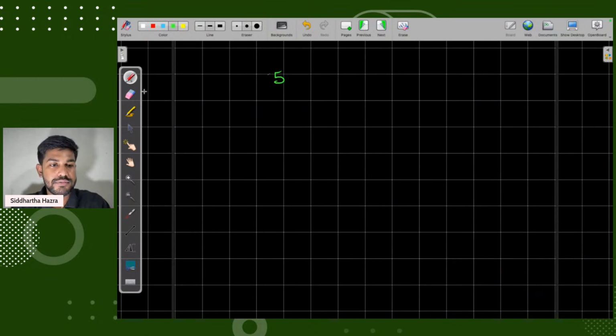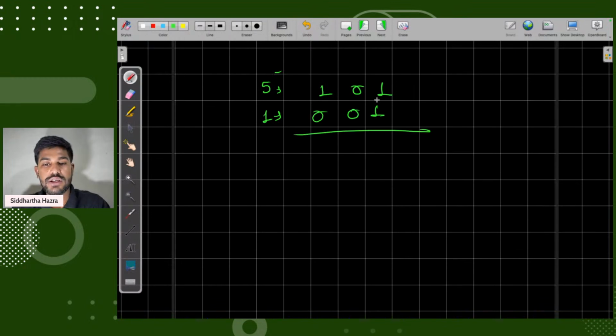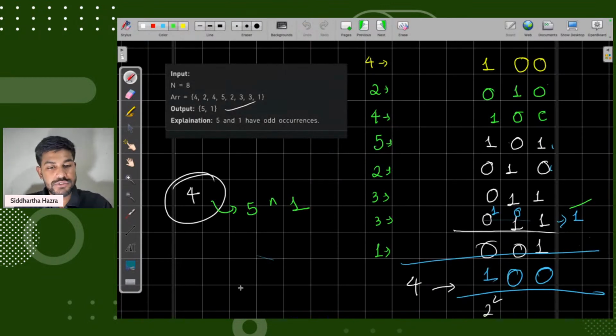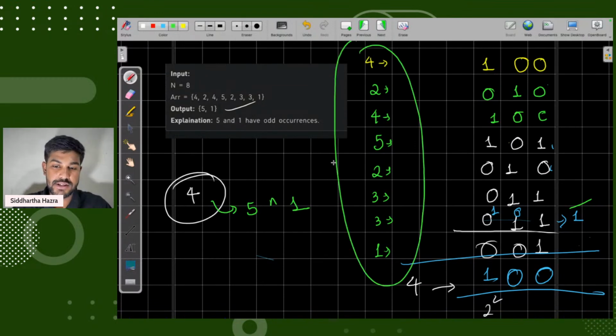How? I will just show you this. So 5 is equal to 1 0 1. 5 XOR 1 is equal to 0 0 1. Same, 0; different, 1. That is why the value is 4. So 5 XOR 1 is equal to 4, and also the XOR of all the elements is equal to the value 4.